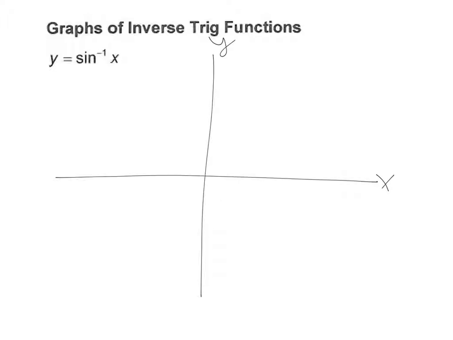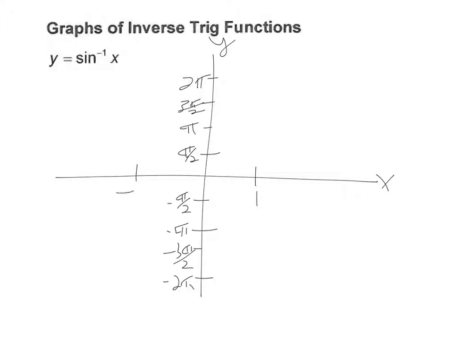What was on the x-axis was our scale, pi over 2, pi, 3 pi over 2, and 2 pi. So that now becomes our y-axis. On the y-axis, for the regular trig functions, we had positive 1 and negative 1.